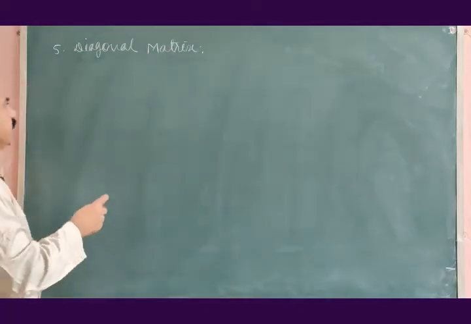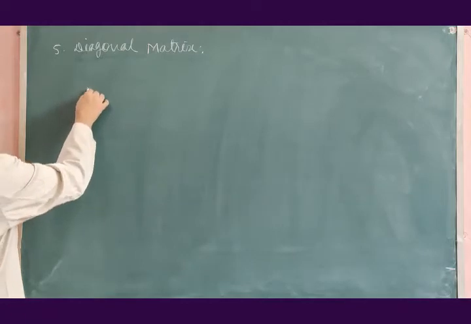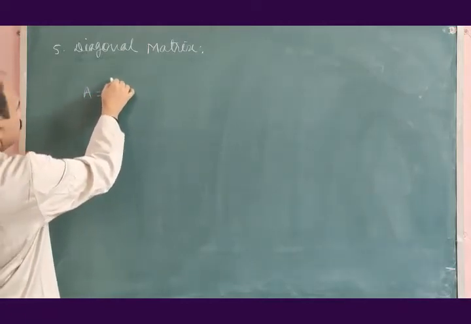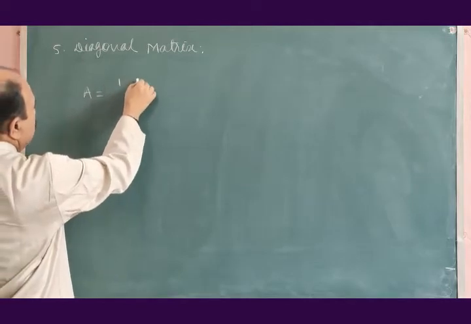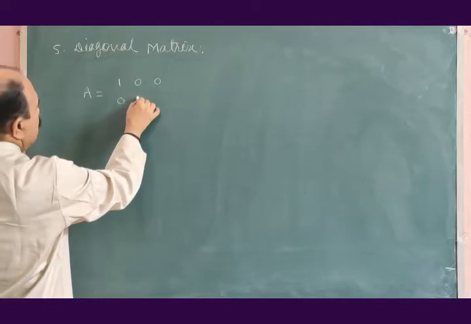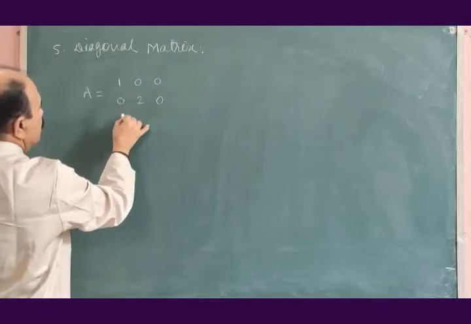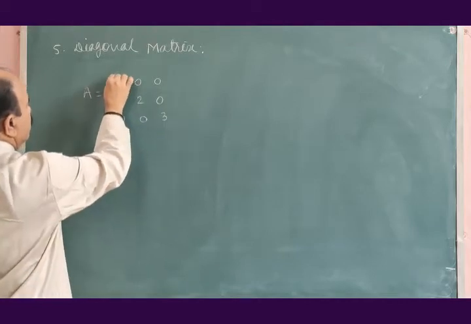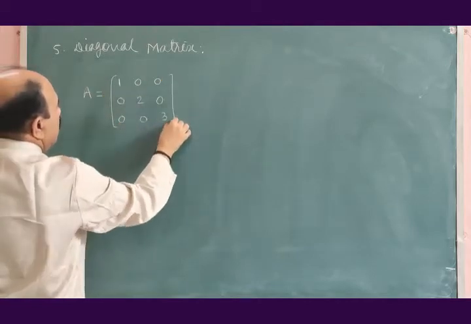For example, matrix A is equal to 1 0 0, 0 2 0, 0 0 3. One example.